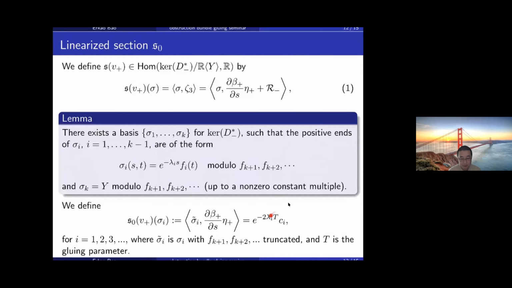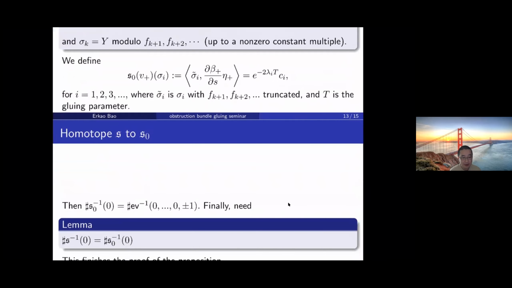So that's the gluing parameter. So the linearized section has a really simple format. Then one can easily check that the zeros of the linearized section are the same as the zeros of the North Pole and the South Pole under the evaluation map, because it's just c i.